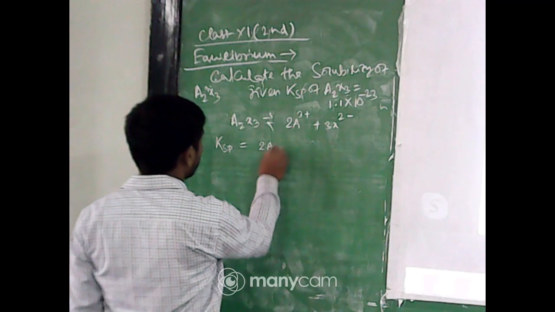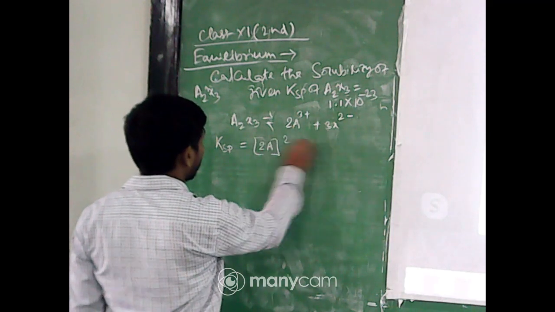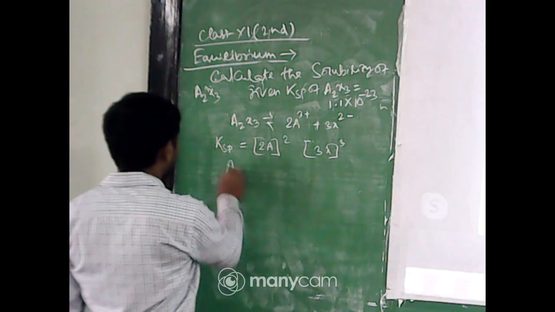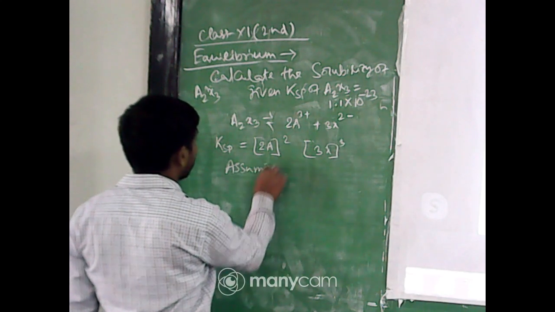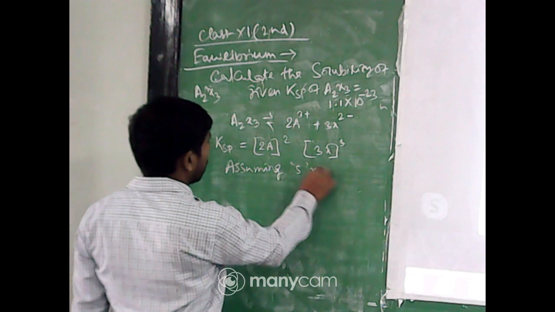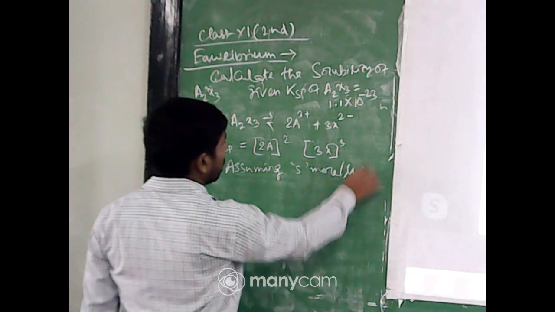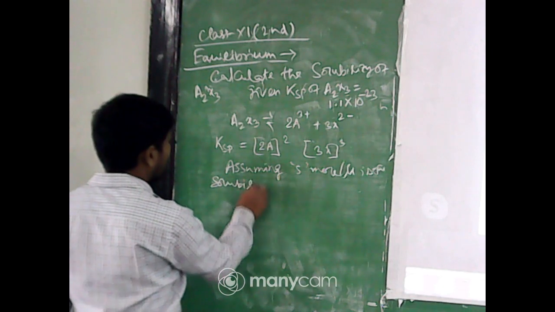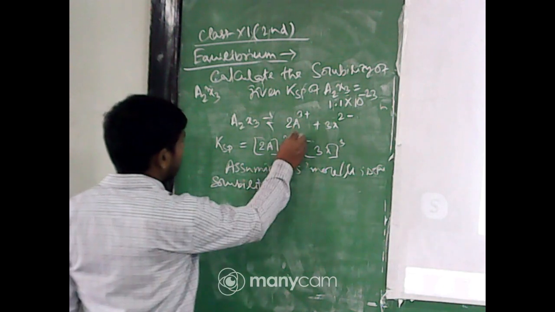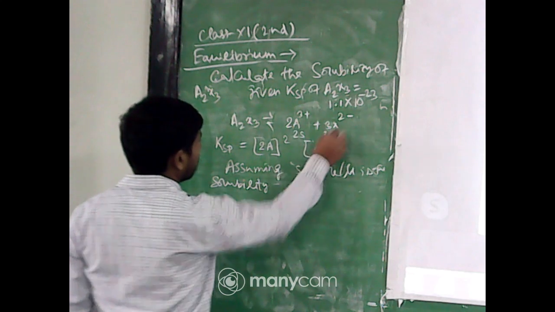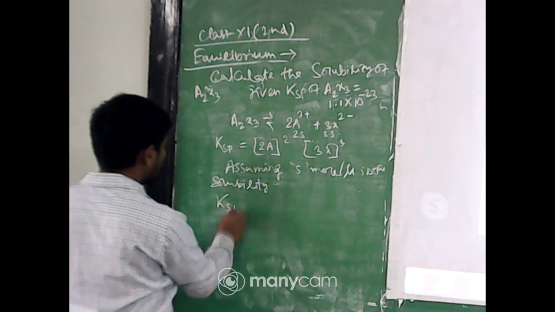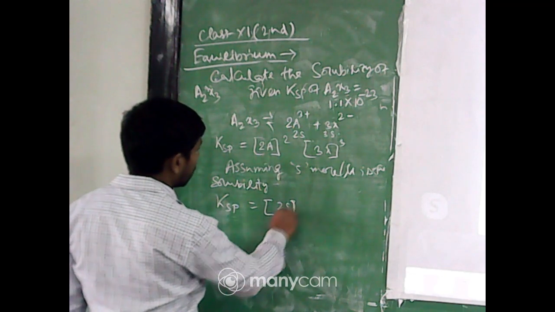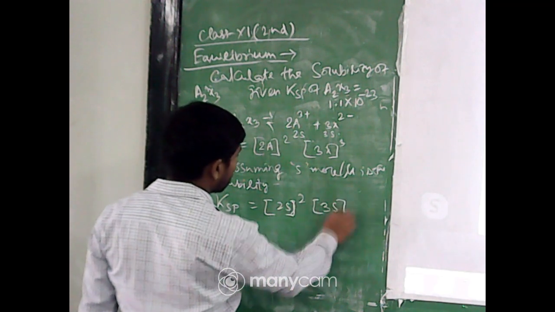It is equal to A squared into X cubed. Assuming S mole per liter is the solubility, it becomes 2S and 3S. So Ksp equals (2S) square into (3S) cube.